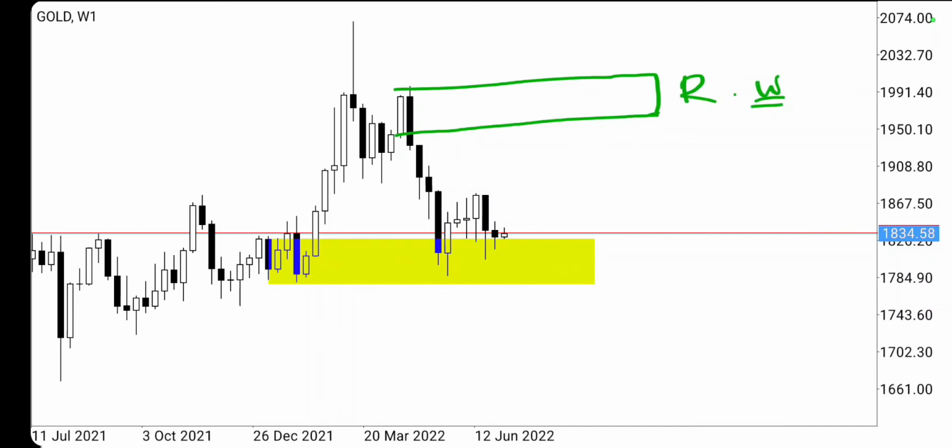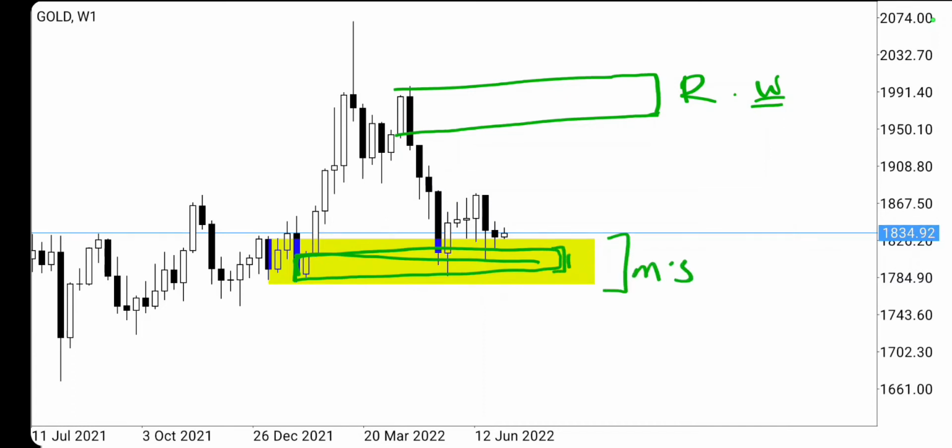And the level below would be this one here, which is inside our monthly. This is our monthly support, and this is our weekly support. So we can conclude that the price is bouncing from our weekly area of support, which is found nicely inside a bigger monthly support.